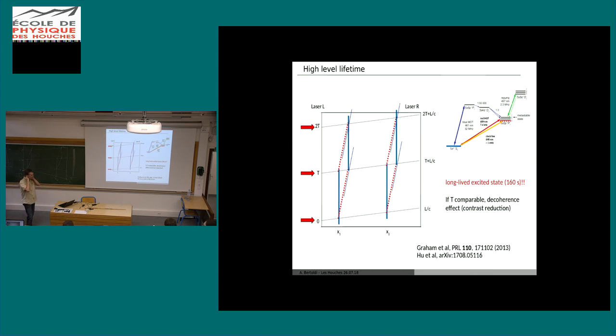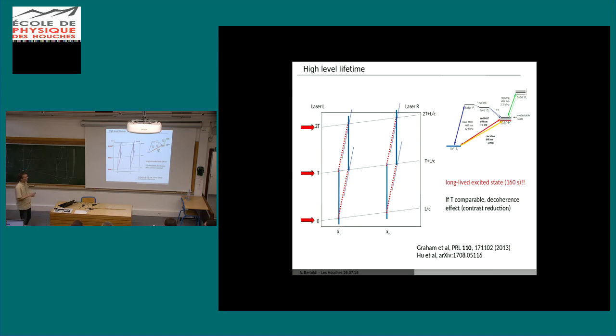So now if you make an interferometer of 0.1 second, 1 second, it's fine. But if you make an interferometer of 10 seconds, 100 seconds or more, it starts becoming annoying. Because what happens is that, I put this tiny blue line here, atoms just decay. They go back to the ground state, and they're not anymore part of the interferometer.